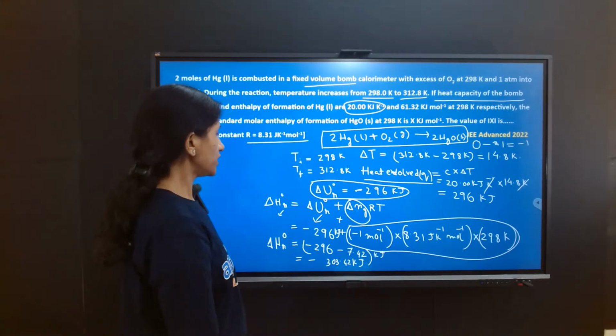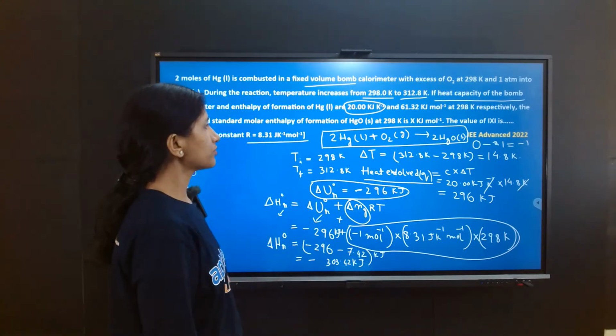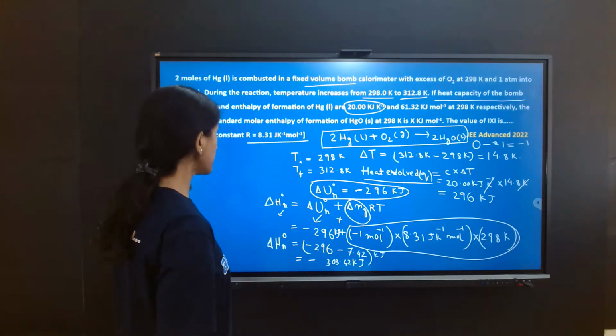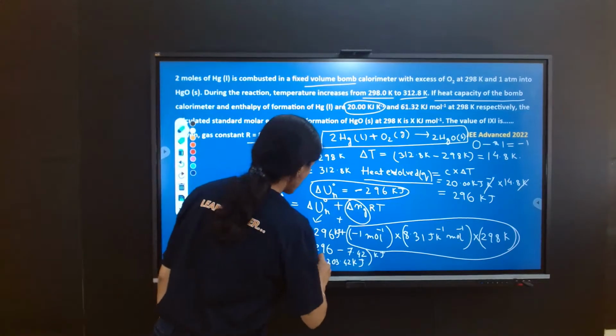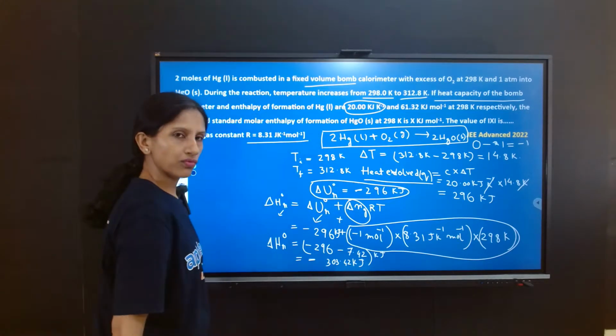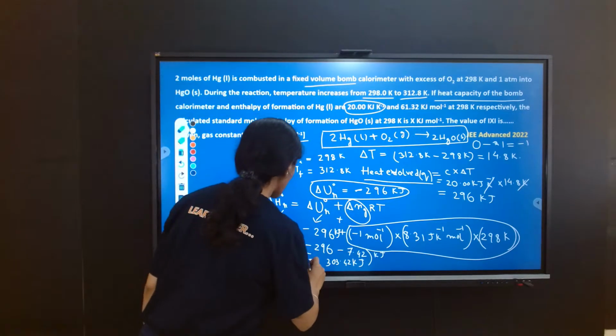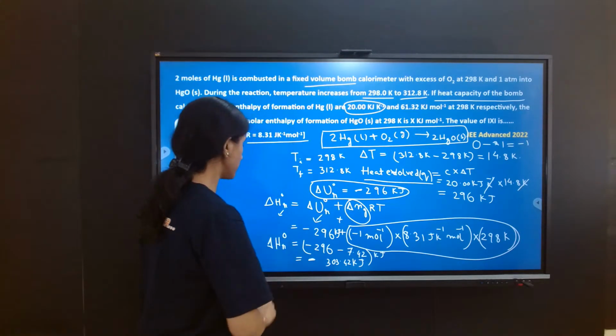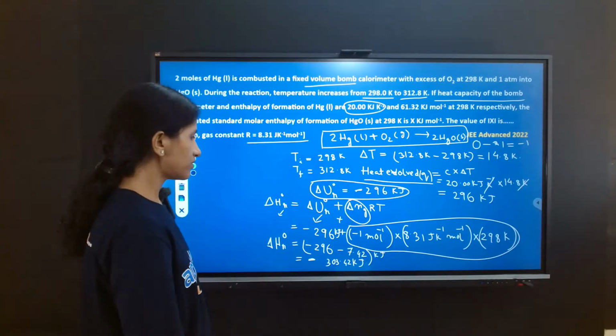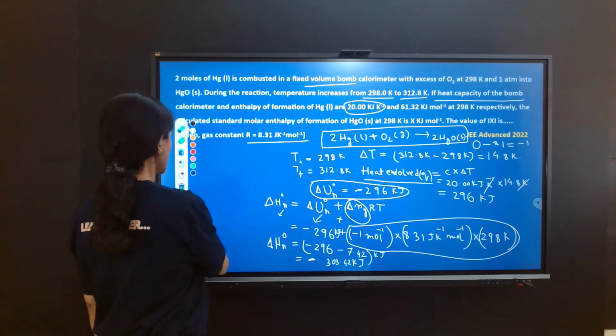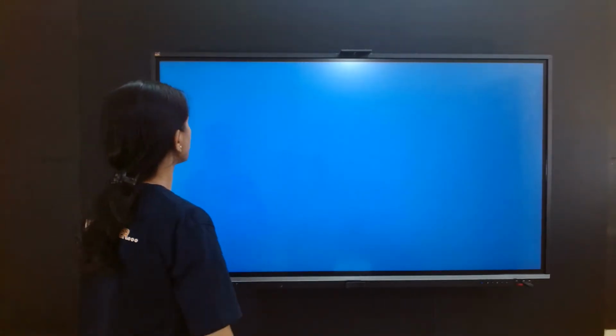So this is the value we need to keep in mind. Rest of the part I will do in the next slide. So minus 303.42 kilojoule has come out for the value of delta H R0, which is the heat of the reaction. So let's move on to the next slide.